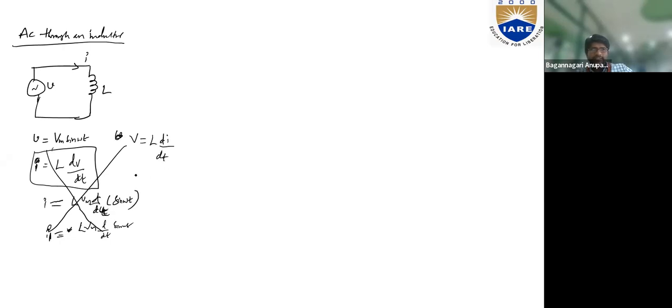So what will be the equation for I then? We already have an equation for V, no need to find that. So what will be the equation for I? I is equal to 1 by L integral V dt.